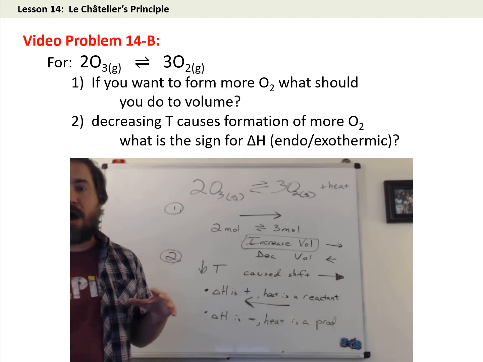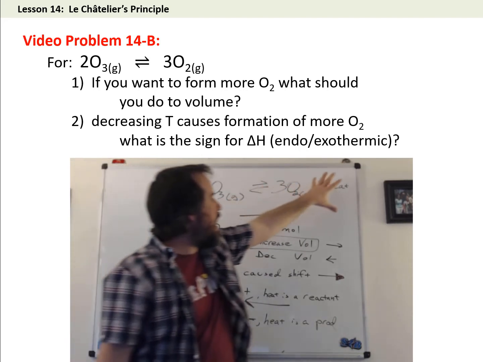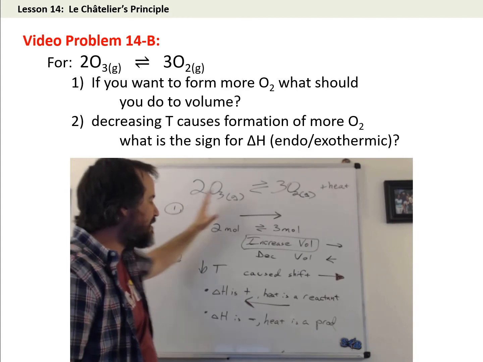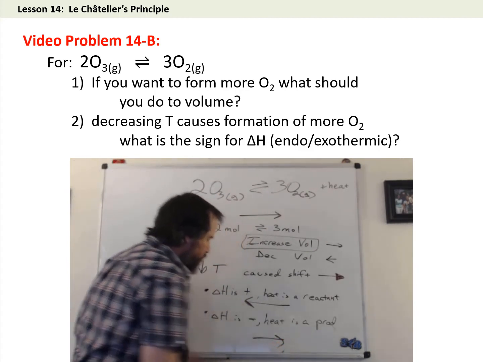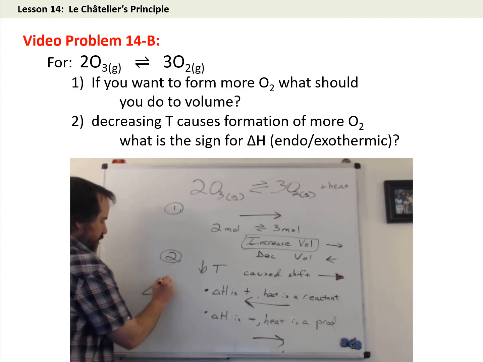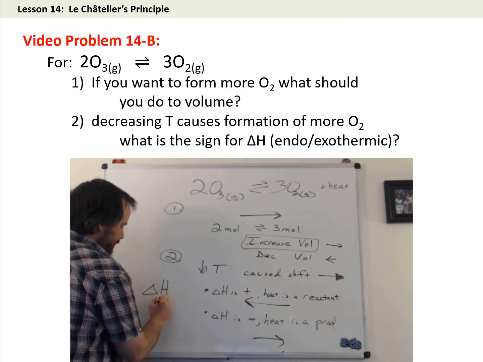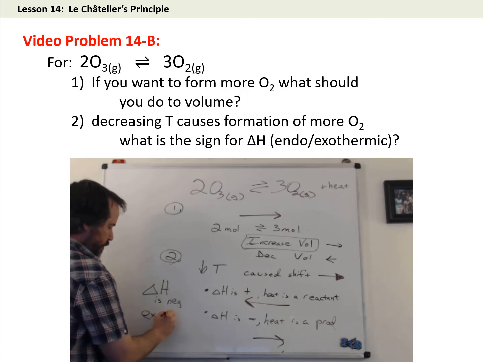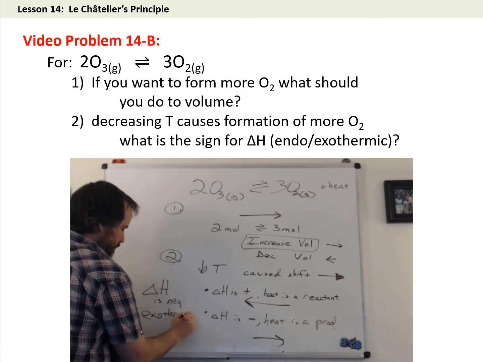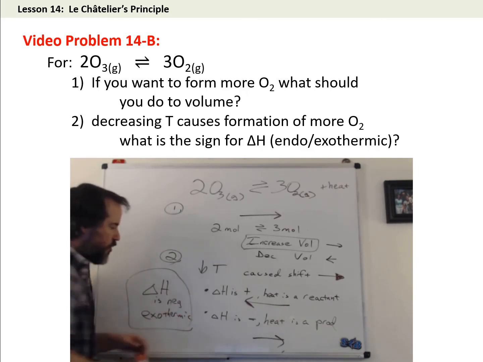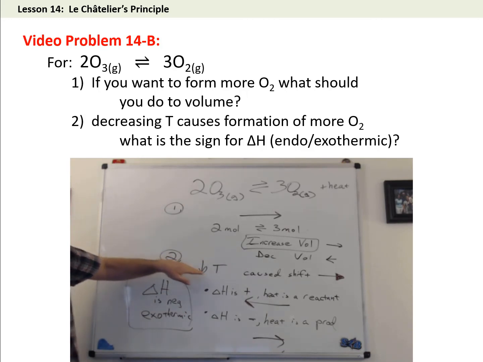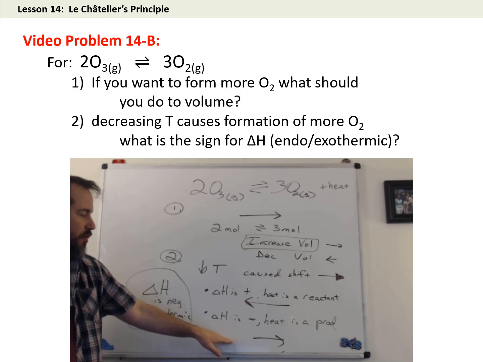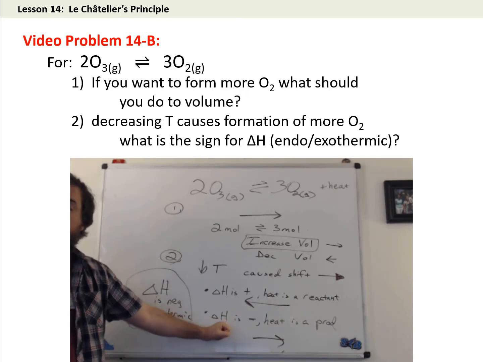So if heat is a product, and I decrease this by decreasing the temperature, that means it shifts right. So that means that delta H is negative, or it is exothermic. So basically, I say I want a right shift, so I figure out, okay, this will cause a left, this will cause a right, so this must be the right one.